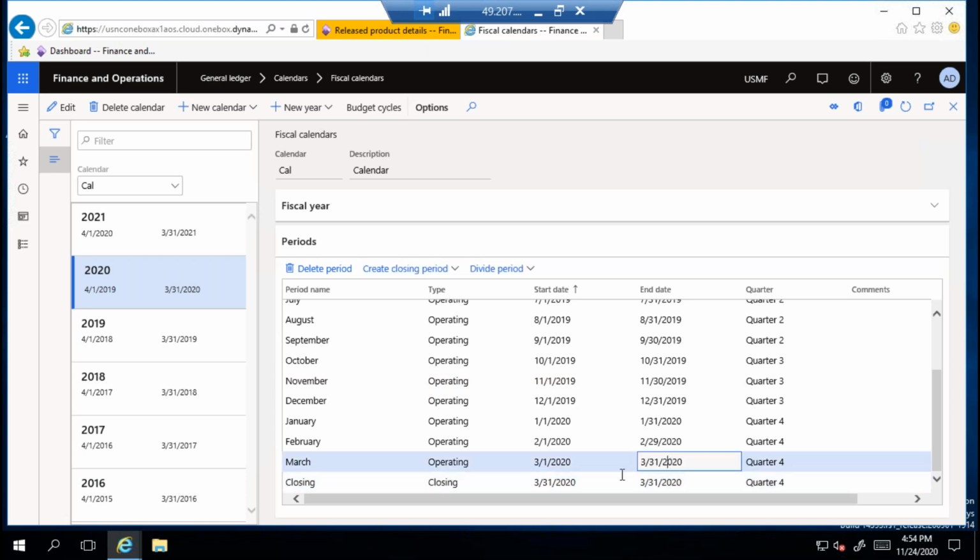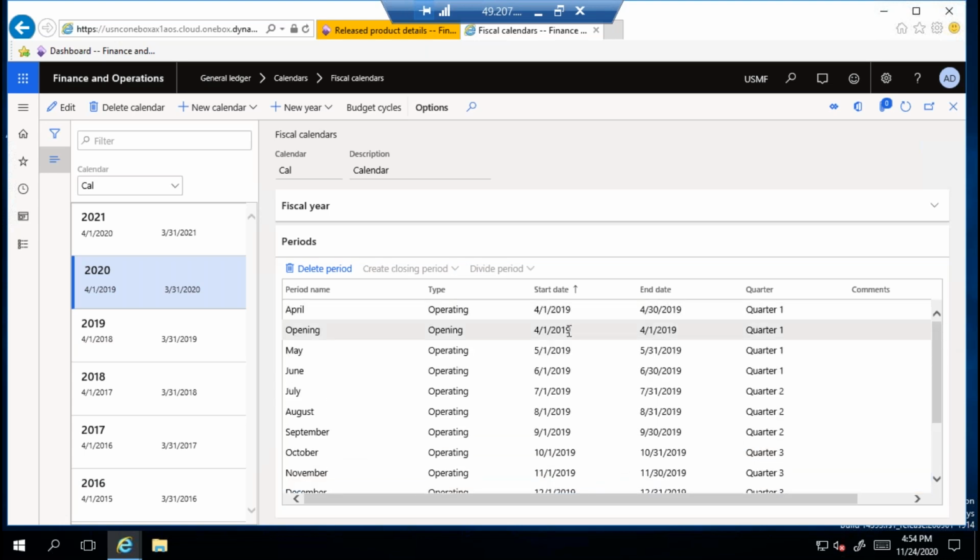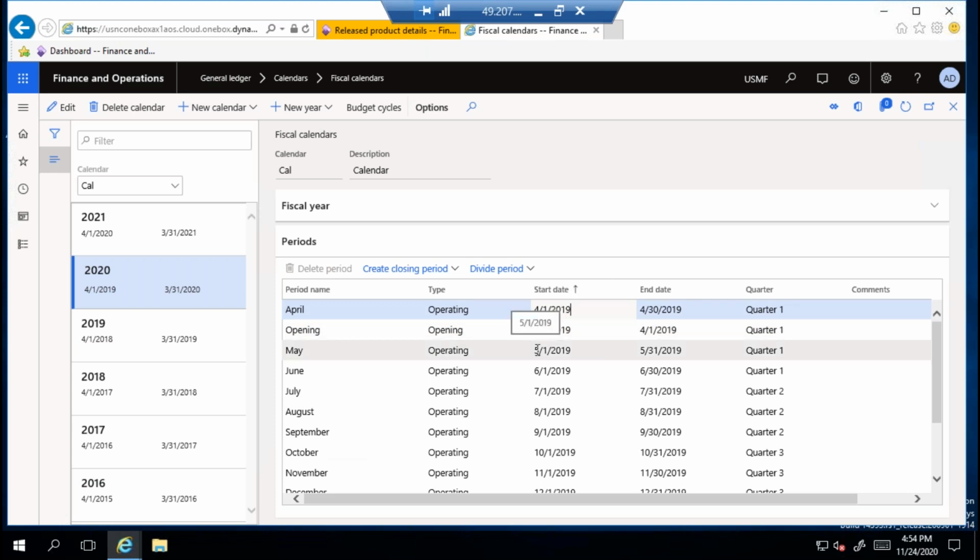If you look at this, the last day of the fiscal calendar exists in two areas. In the same manner, for opening also, April 1st is available in the opening period and here also. Whatever transactions you post from the system will be stored here, April 1st to April 30th.